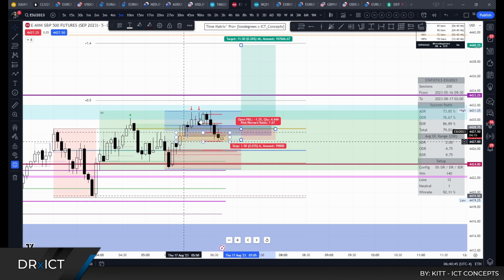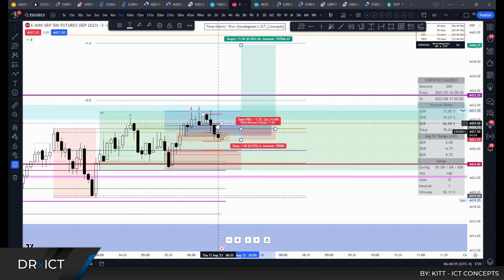We've got bias confirmation where we think we're going. So we're hitting the first projected target. We need to balance this range first and foremost. Just going to have some consolidation at the equilibrium of the high and the low of this range.